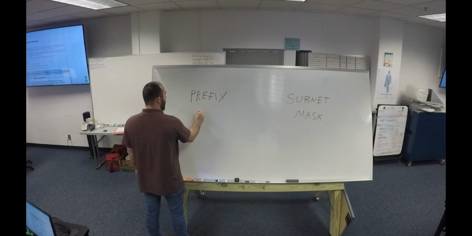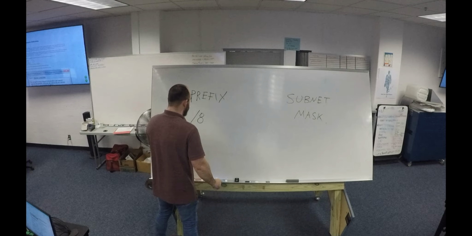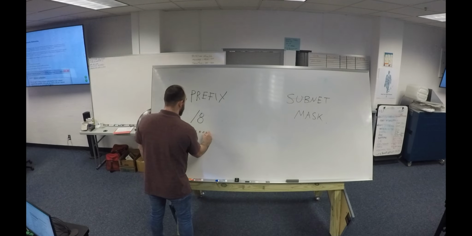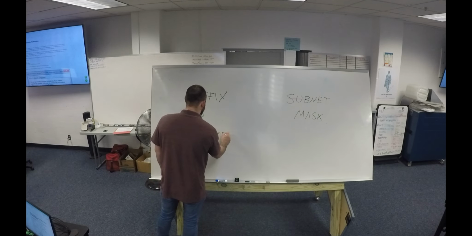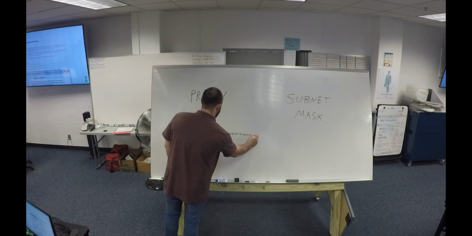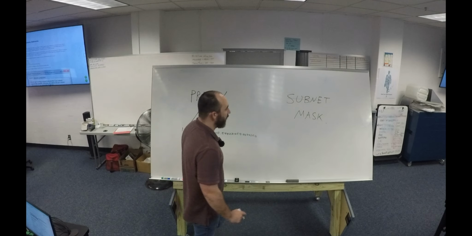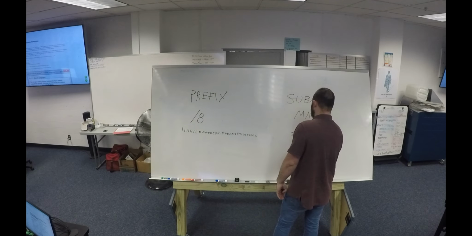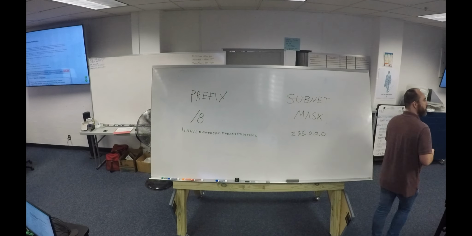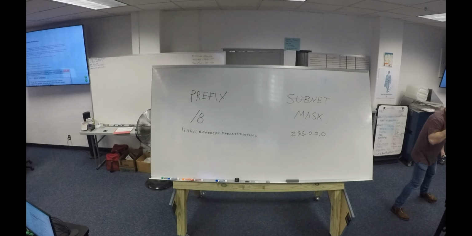Like a prefix of 8 for IPv4, 8 bits turned on for the network. The subnet mask, we convert that from binary to decimal, which is 255.0.0.0. Prefix, subnet mask. Good?